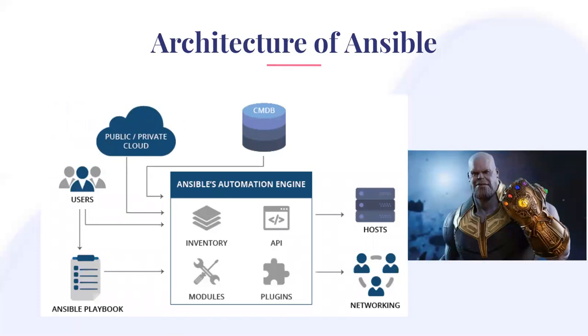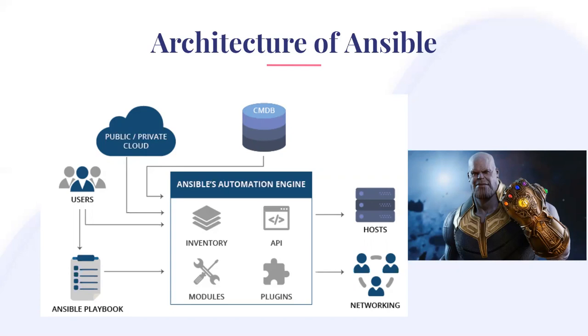Okay, so here we will look into the architecture of Ansible. The main part is the controller machine, which carries Ansible's automation engine. We have modules, where Ansible connects to remote hosts and pushes some modules, which we can call scripts.